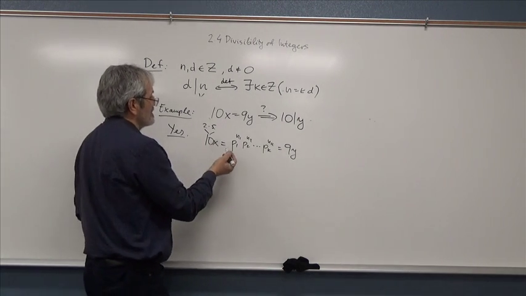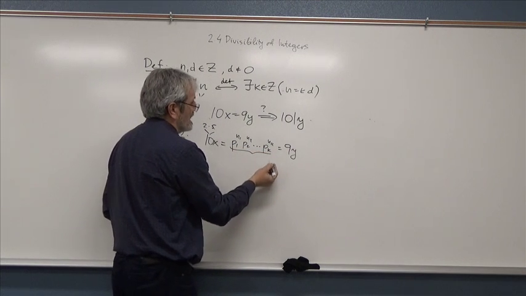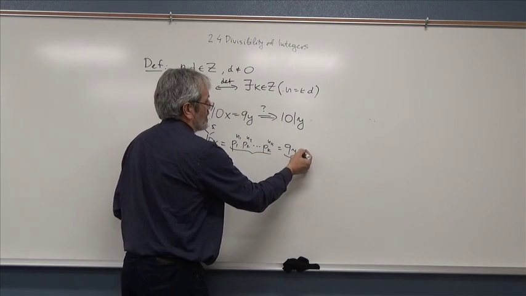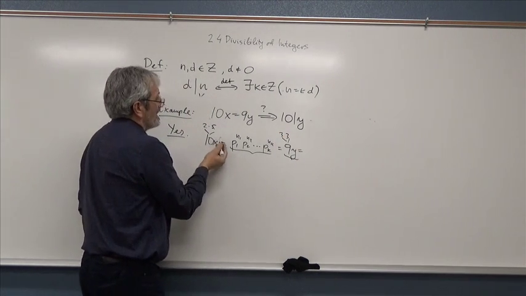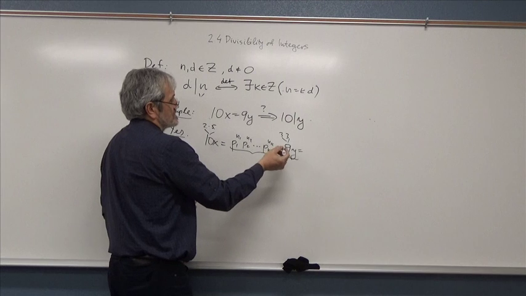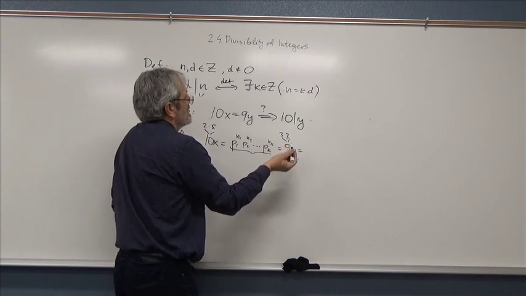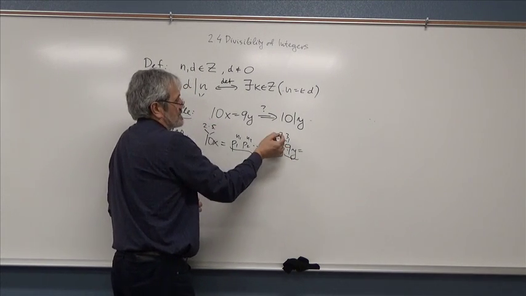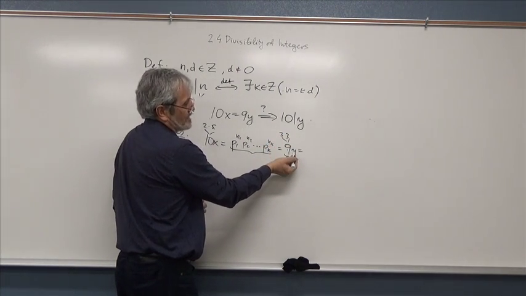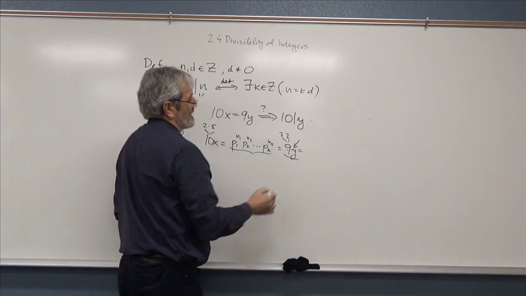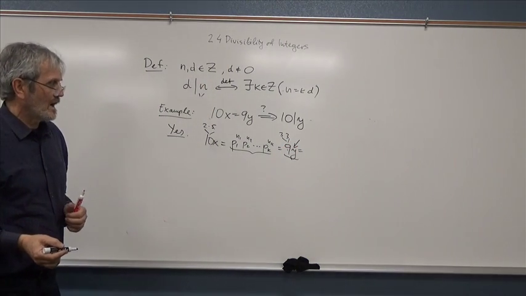So 2 and 5 are showing on the right side, so they also have to show up here, which is 3 times 3. But they cannot: 2 cannot show up as 3, so when we write the prime factorization on the right side, that prime factorization must come from y.